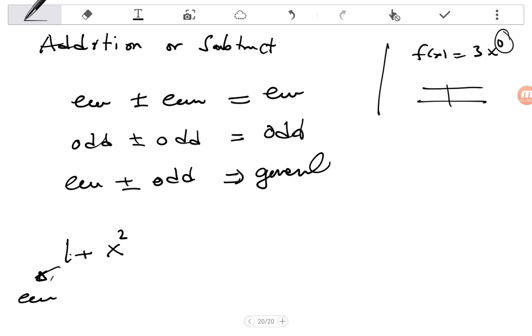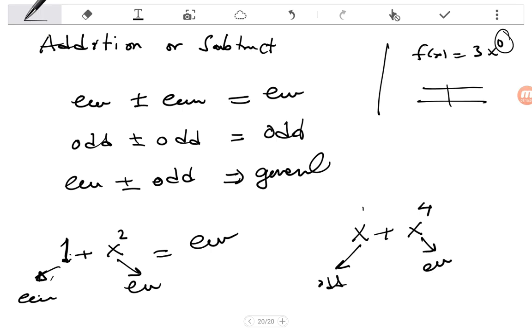Remember, make a difference between an even function and an even number. It is an odd number, but it is an even function. This is an even function because the power is even. Even plus even will be an even function. If I told you x plus x to the power 4, that is an odd function and that is an even function, so the addition will be general.